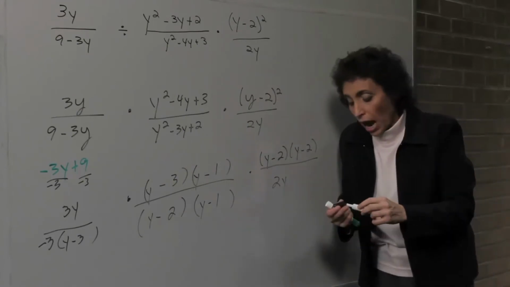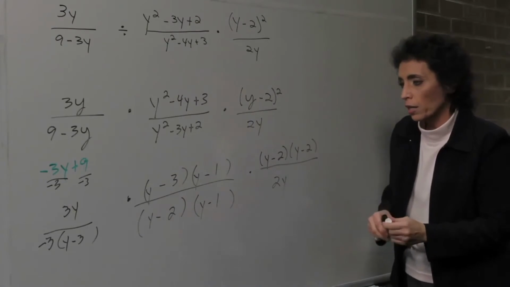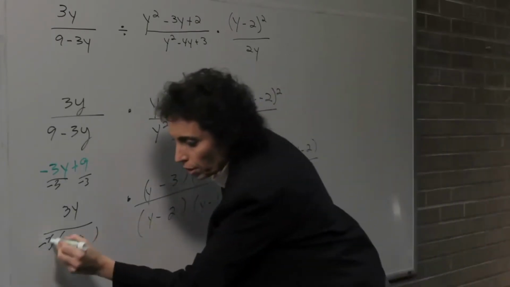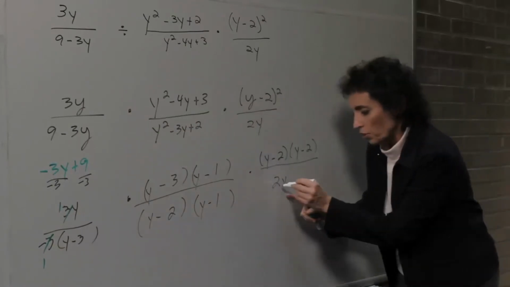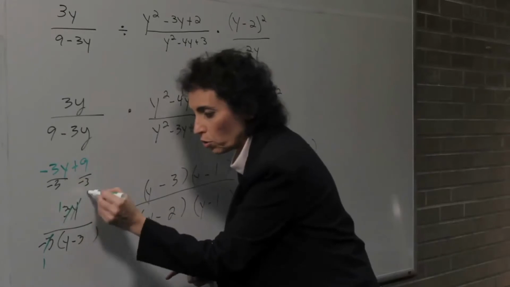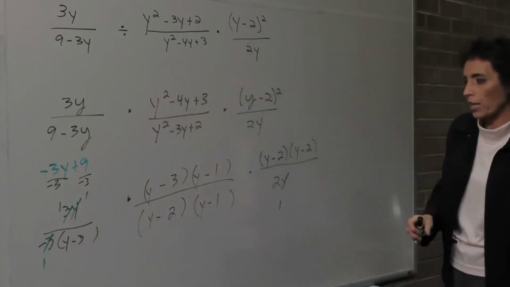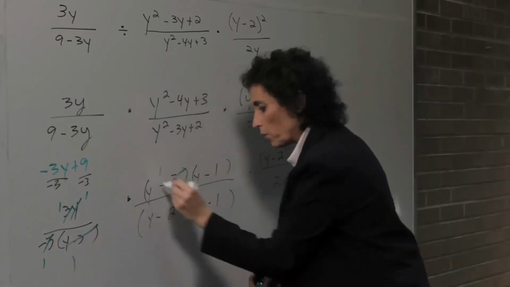Okay, here we go. I'm going to reduce. I'm going to take care of the outside numbers first. 3 goes into 3 once, and there's a negative 1 there. That's okay. These are separate factors, so I just take out the y. I don't subtract, I just reduce the y's. Now I'm going for the letters. Y minus 3, y minus 3.